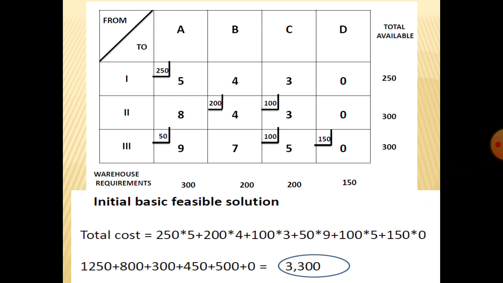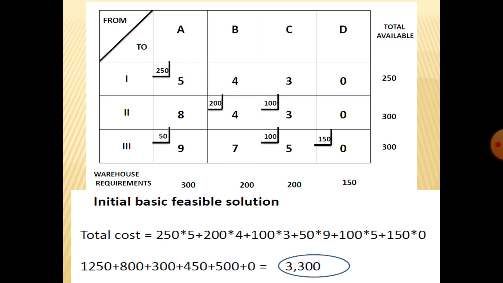Which is the minimum value here? In the availability 250 is available. You have to assign 250 to the cost 5, and the remaining is 50 in the requirement. You have to write it as 50.